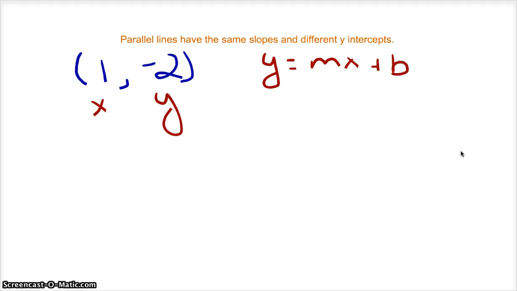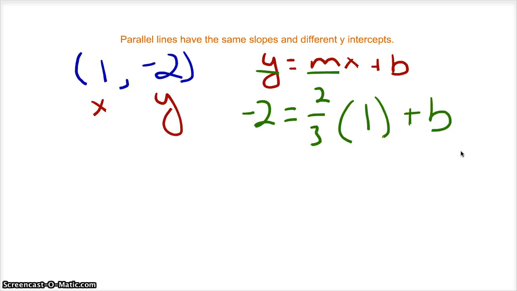Now notice that this one is already in y equals mx plus b form. So you should know the slope. The slope is what? 2/3. Since it's parallel, you know it's going to have the same slope. So I'm going to plug in my x and y. Instead of y, I'm going to put -2 equals, instead of m, I'm going to put 2/3, and instead of x, I'm going to put 1, plus b.